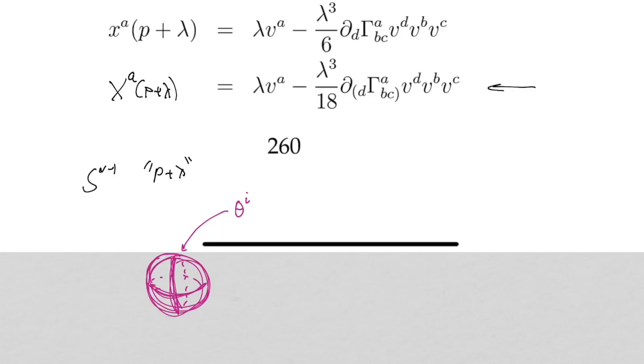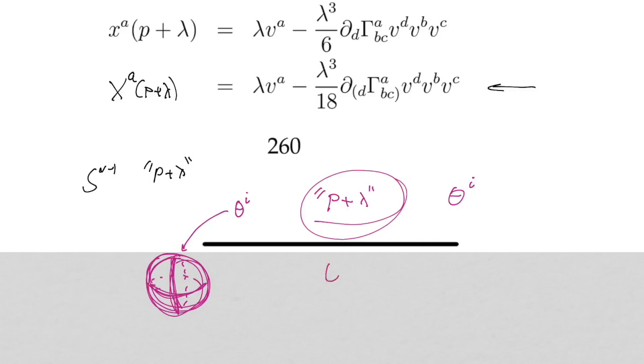Now, let's not worry about coordinate charts and whether or not you can cover the whole sphere with one coordinate. But given any given chart, it has a complete nice set of coordinates θ^i. And we know this because it's a manifold. So if you are a point that's accounted for in this nice notation P + λ, if you are a point that satisfies this rule, you have coordinates θ^i as a point.